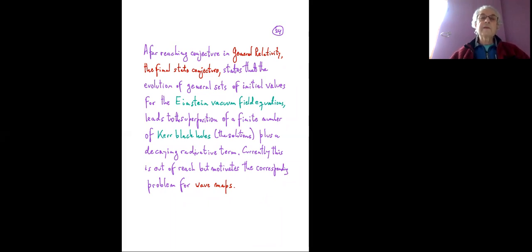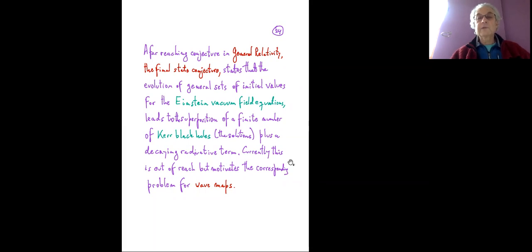It states that the evolution of general sets of initial values for the Einstein vacuum field equations, which are the analog of the Ricci flow, as I said earlier, leads to the superposition of a finite number of Kerr black holes for very, very large times, which are the solitons, plus a locally decaying radiative term. Now, this conjecture is considered completely out of reach.